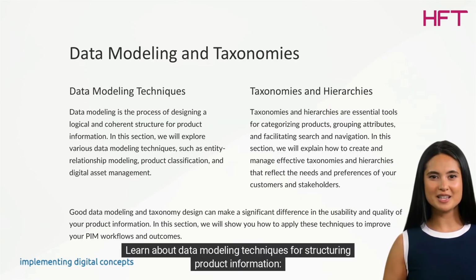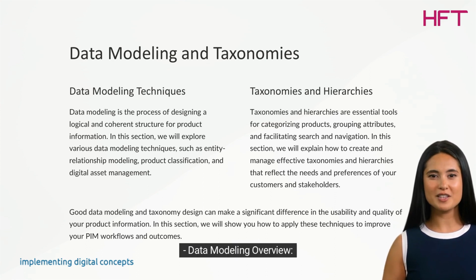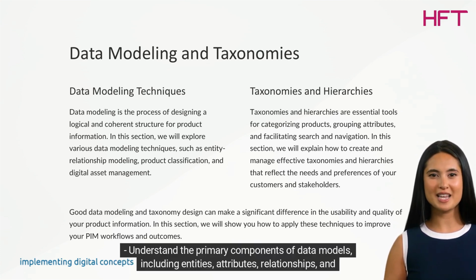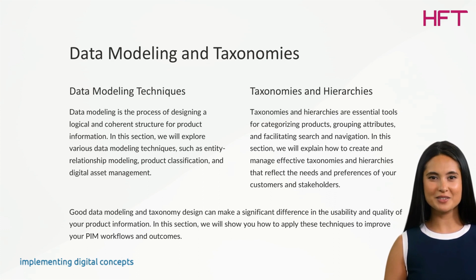Learn about data modeling techniques for structuring product information. Data modeling overview. Data modeling is the process of defining the structure and relationships of product data within a PIM system. Understand the primary components of data models, including entities, attributes, relationships, and keys. Entities and attributes.